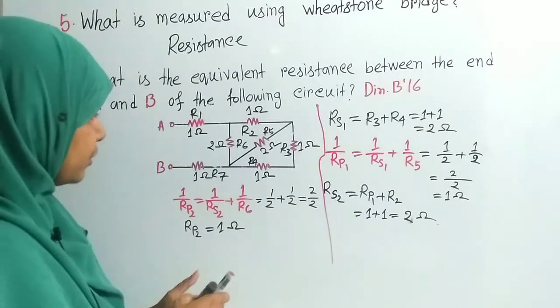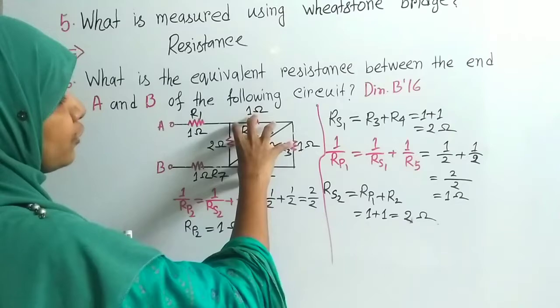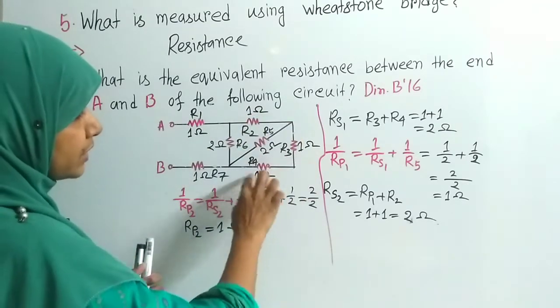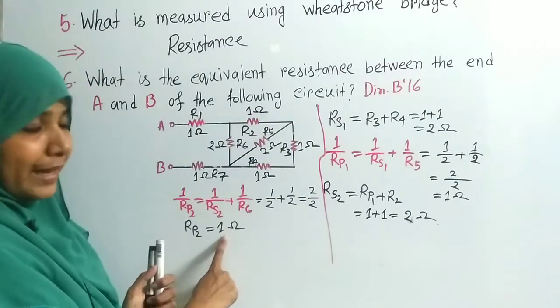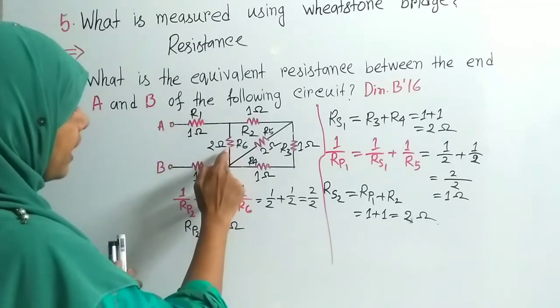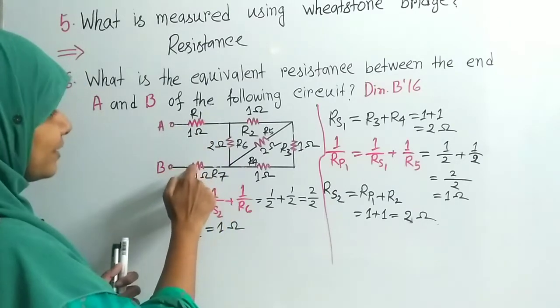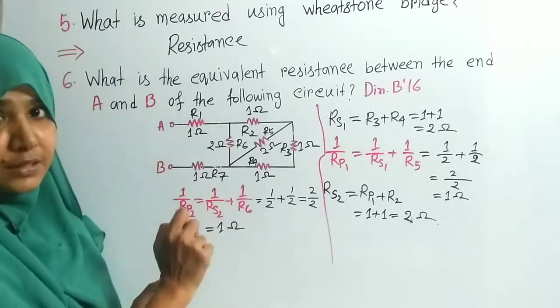Now students, you can see that the total equivalent resistance of this portion is 1 ohm, and R1, Rp2 and R7 are connected in series combination.